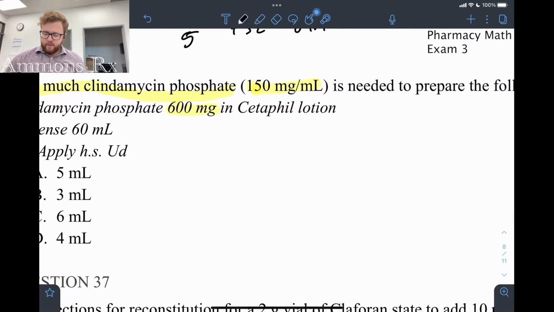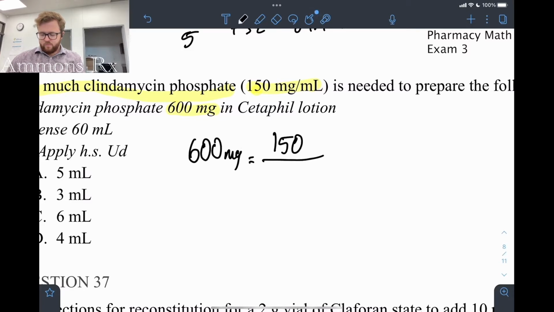You need to just say, how many mils of my product do I need to make 600 milligrams of the clindamycin? So 600 times 1 divided by 150.